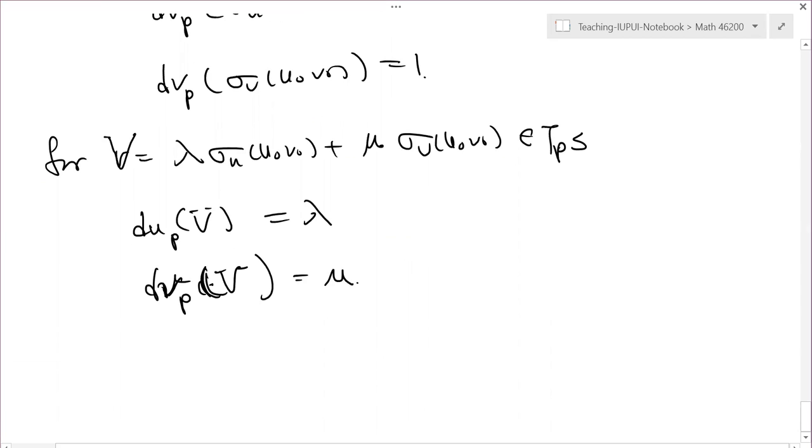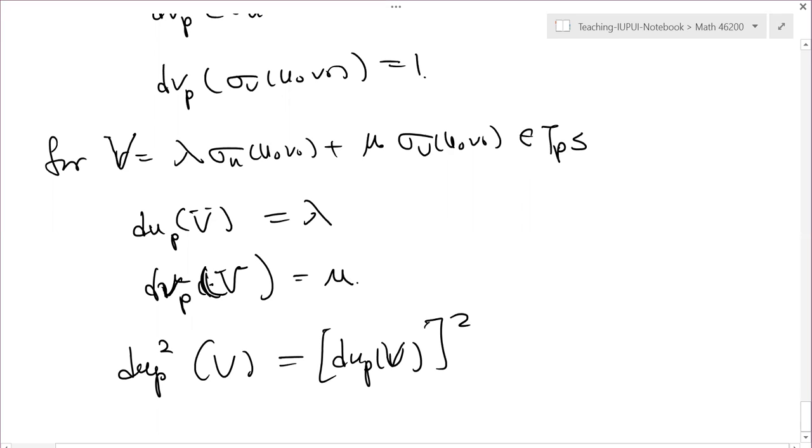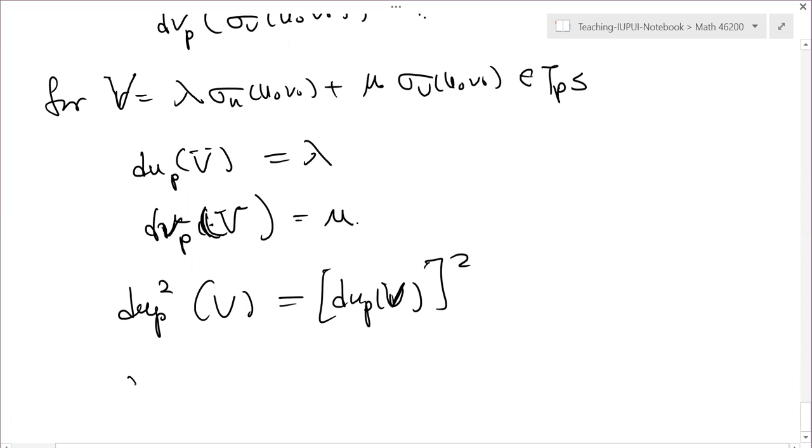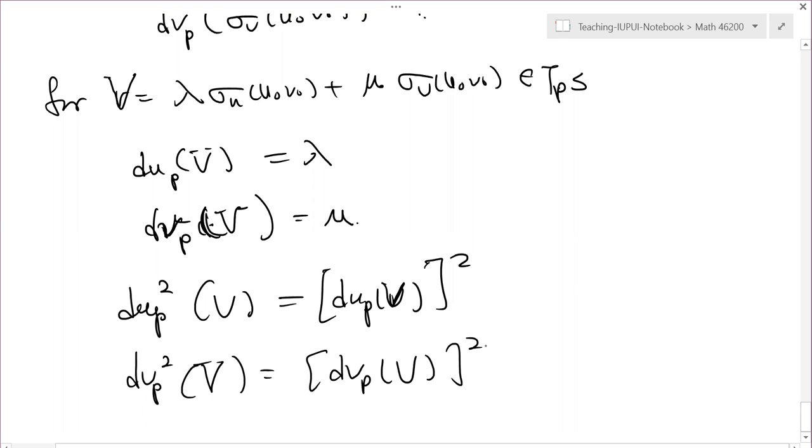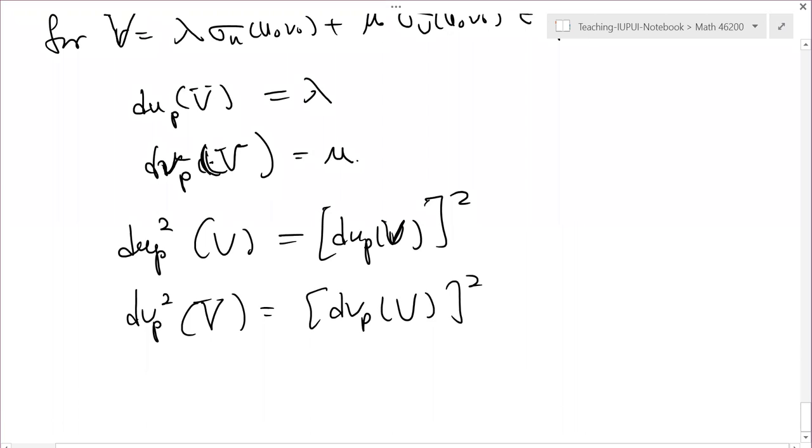You understand that, right? Similarly, du_P squared acting on V is just (du_P V) squared, and dv_P squared acting on V is (dv_P V) squared. Just like f squared of x is (f x) squared, because this is a common notation.